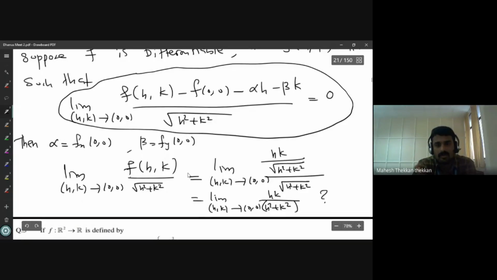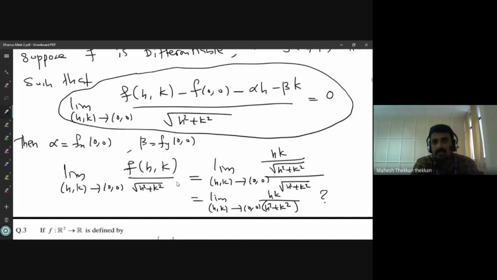I computed that by substituting the value of the function and understood that the limit does not exist. So that means f is not differentiable at (0,0).